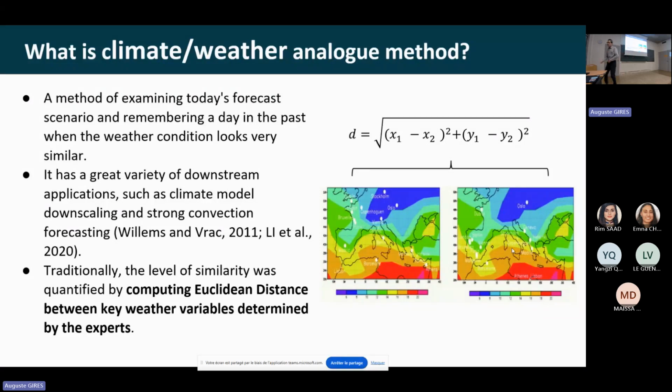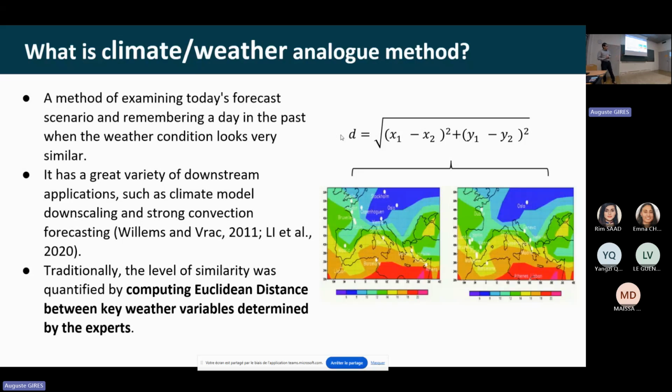Then the traditional way is to calculate a distance between them. You compare pixel by pixel, and the concept is like mean square error. When the distance, or the difference, is small, that means they are similar.